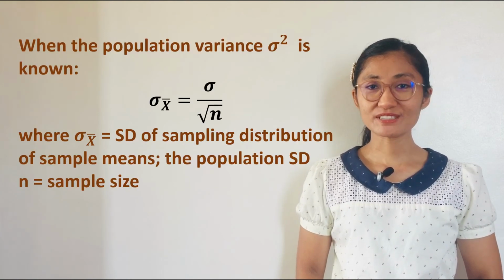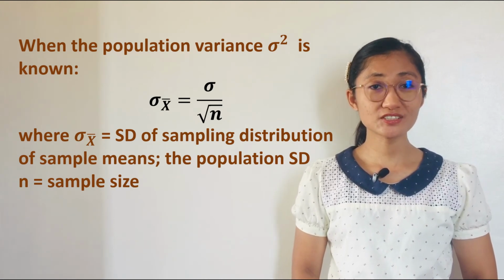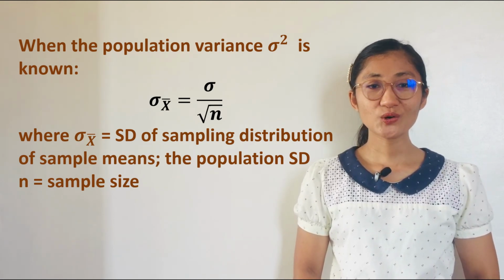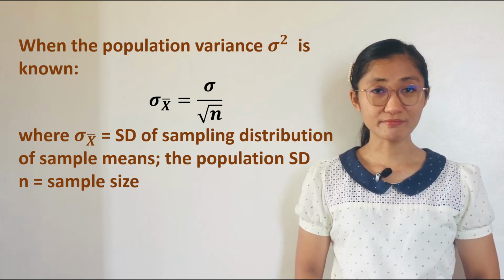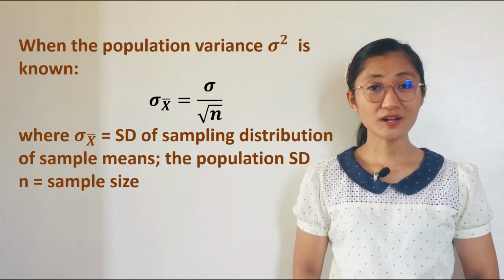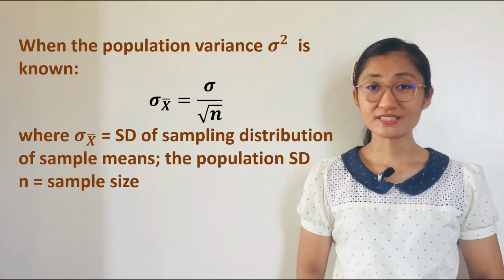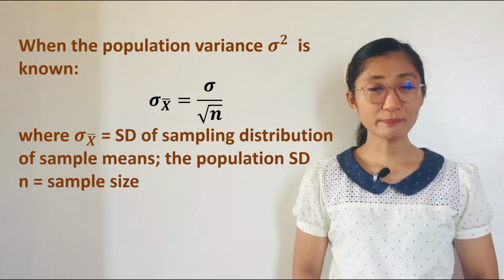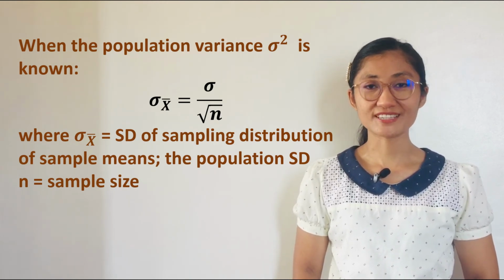Meanwhile, let us talk about the distribution of the sample mean for a normal population. When the population variance sigma squared is known, the standard deviation of the sampling distribution of sample means, or the standard error of the mean, is derived by sigma sub x bar equals sigma over square root of small n, where sigma is the population standard deviation and small n is the sample size.